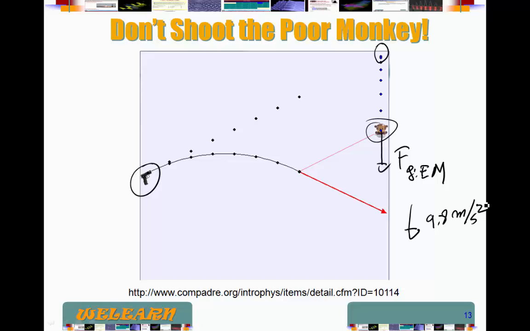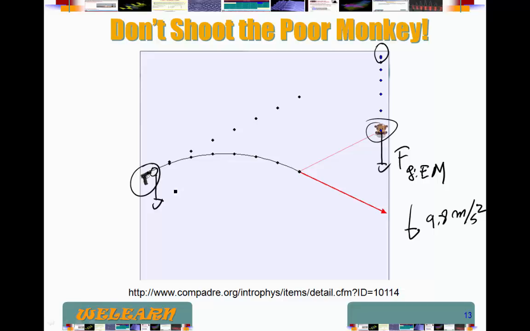On the other hand, the bullet, the minute it comes off the gun, is going to be subject only to one force as well. Note here that for both monkey and bullet, we are ignoring the effects of air resistance. Now, the minute the bullet is off the gun, it is subject only to the gravitational force.